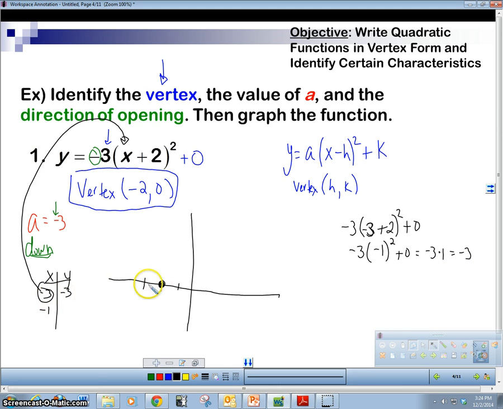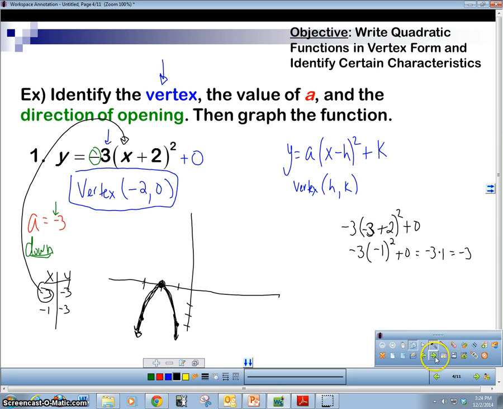These are the same distance away, so I'm going to go -3 right here, and down 3. And since this is the same distance here, we're going to do the same thing here. This is also going to be -3 because a parabola is symmetric. So the same distance away from the vertex, these have to be the exact same y coordinate. So I'm going to graph it the best I can here, and there's my graph.